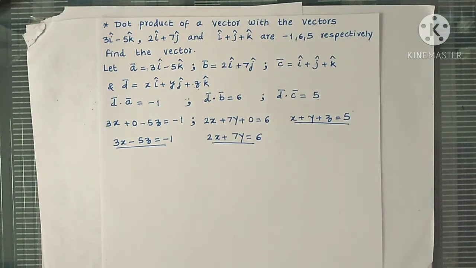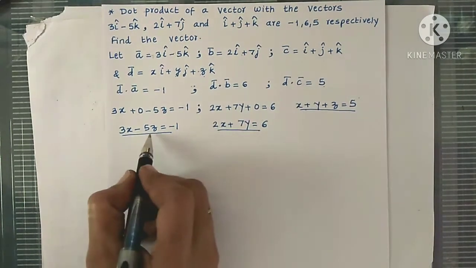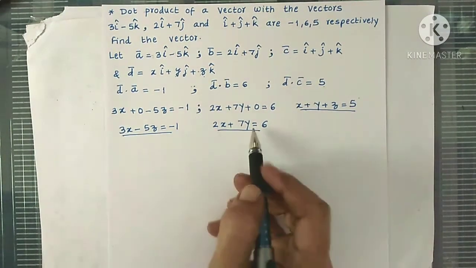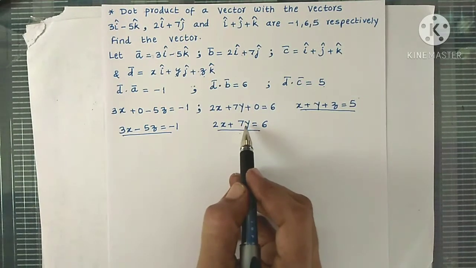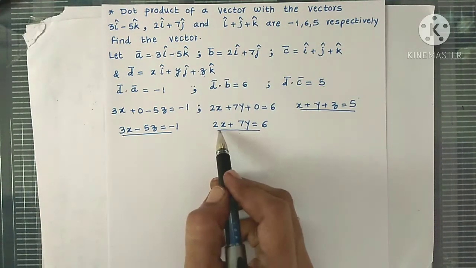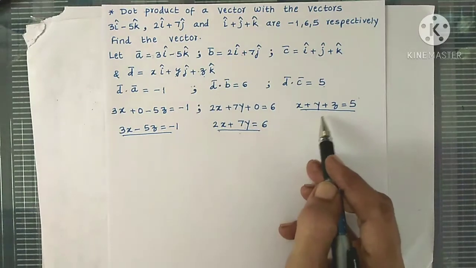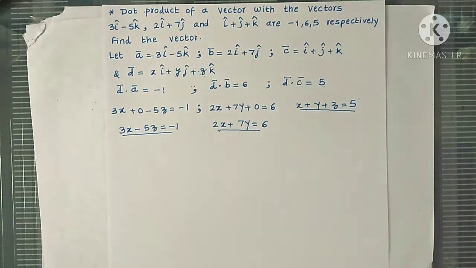Solving equations in two variables is easier than solving equations in three variables. But here we can write z in terms of x, and using this equation we can write y in terms of x, and substitute those y and z here so that the third equation will be in terms of x only.